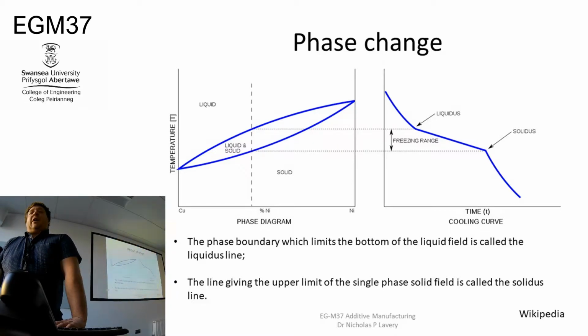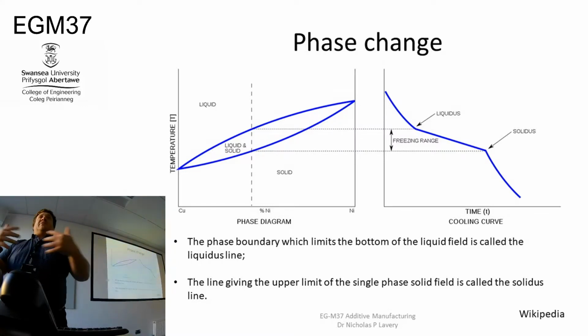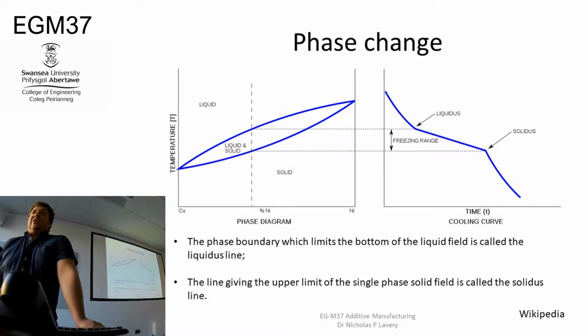When the copper content is 0, you get the nickel melting point, and everything between there is a solid solution mix between the two of them. If you were to take a cross section at a given nickel percentage, you've got this freezing range which starts at the liquidus and finishes at the solidus.